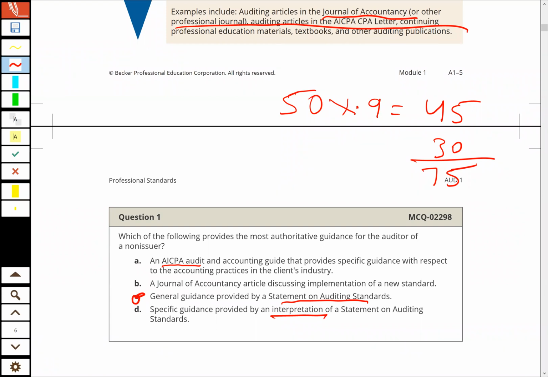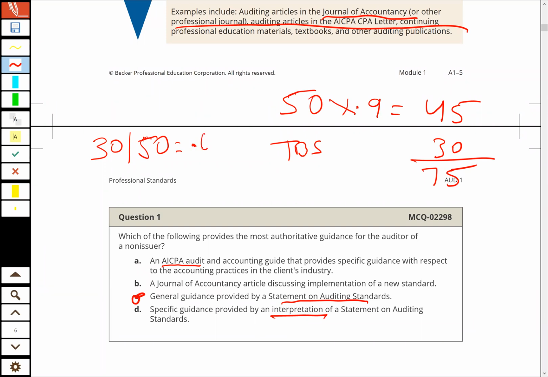So you sit there and you say, well, if that's a 75, then of the 50 points that are provided from the task-based simulations, I only need to get 30 from there. 30 divided by 50 is what again? 80%? 3 divided by 5, and I don't do anything without my calculator. 3 divided by 5 is 80%? No, sorry, 60%.